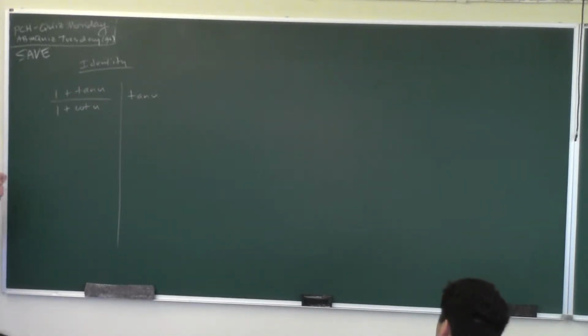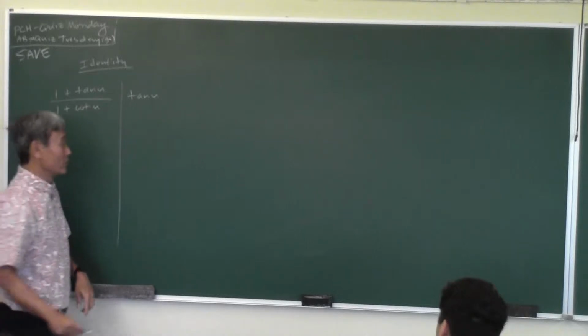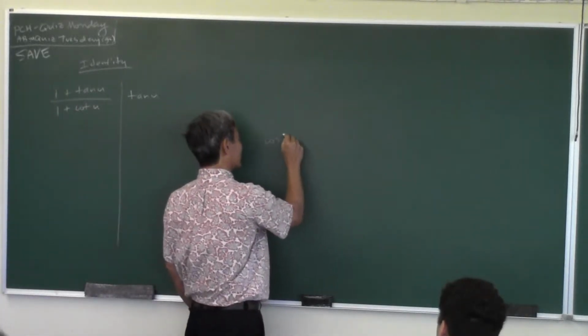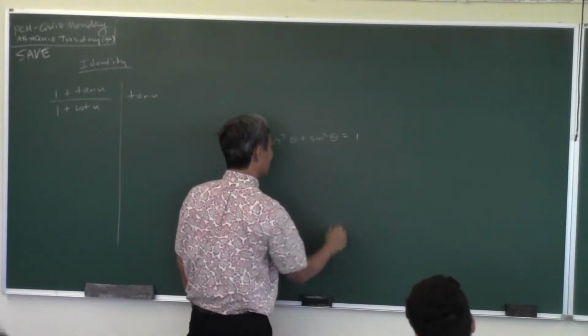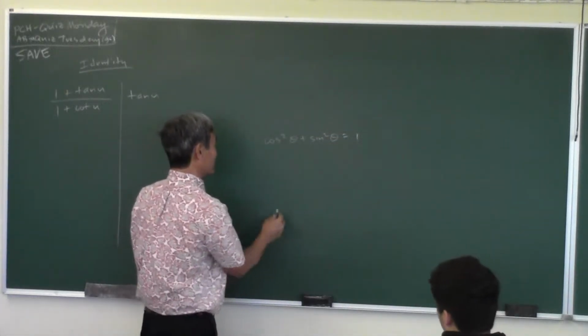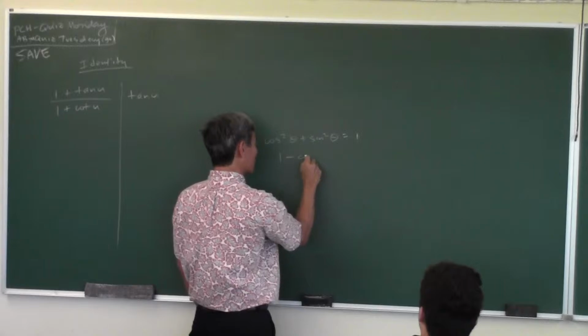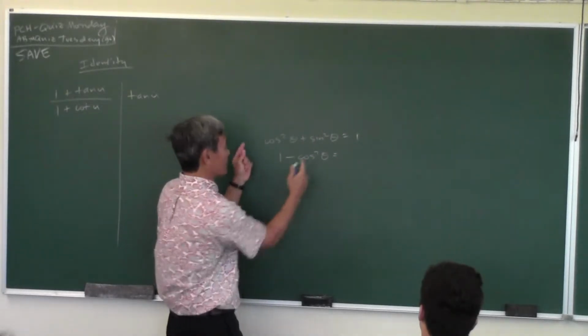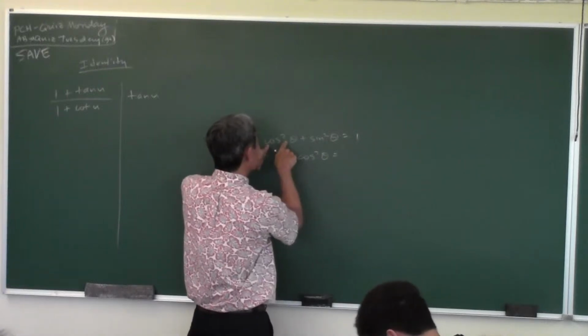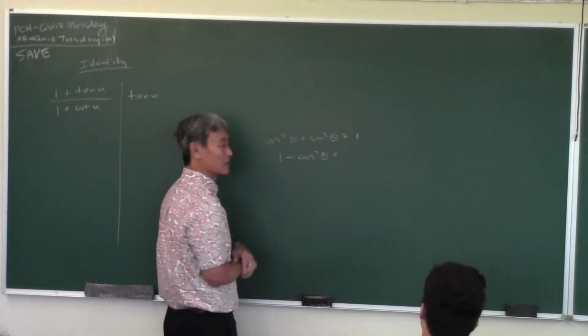And remember, you gotta be able to move around the identities. You cannot just memorize the identities like this: cosine squared theta plus sine squared theta. I talked about this before. You have to be able to do this. 1 minus cosine squared theta is equal to, like, move it around. If I move this on that side, what is 1 minus cosine squared theta?